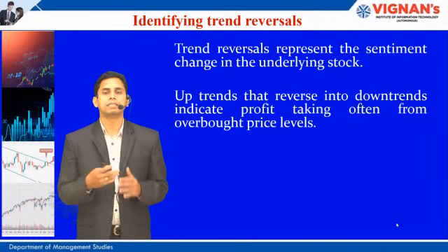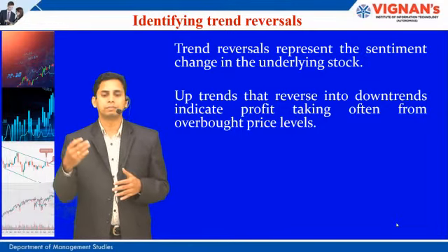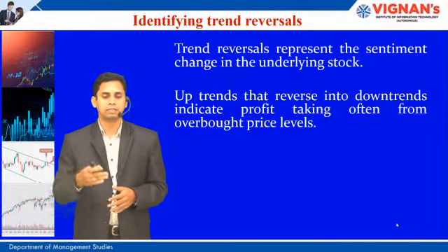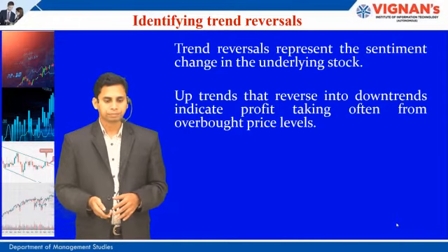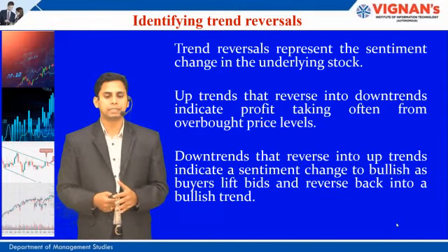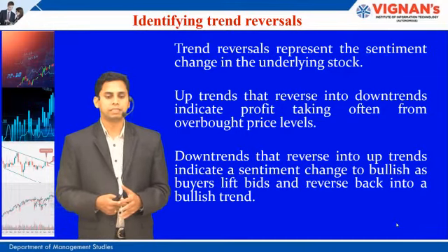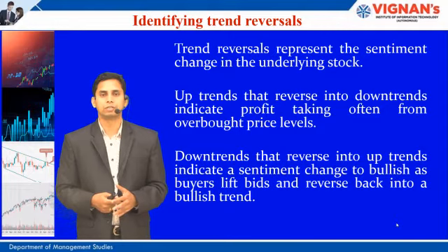While they exit, you see profit booking, and finally the downward trend. And downtrends that reverse into uptrends indicate a sentiment change to bullish, as buyers lift bids and the market reverses back into the bullish trend.